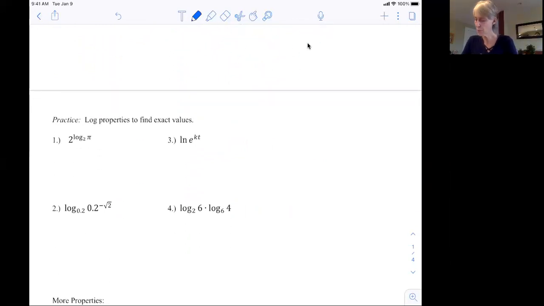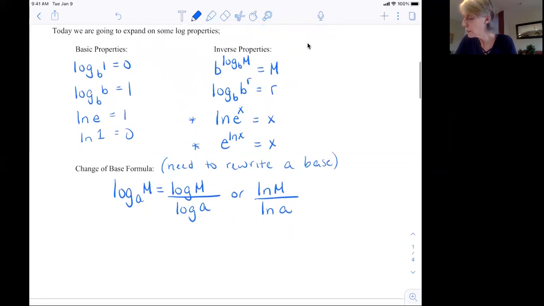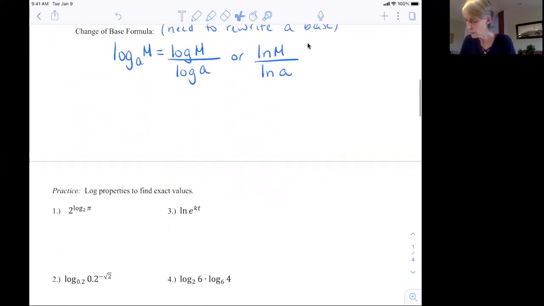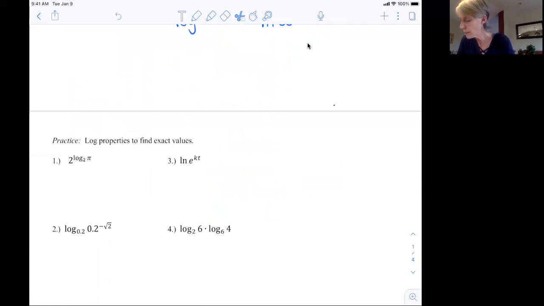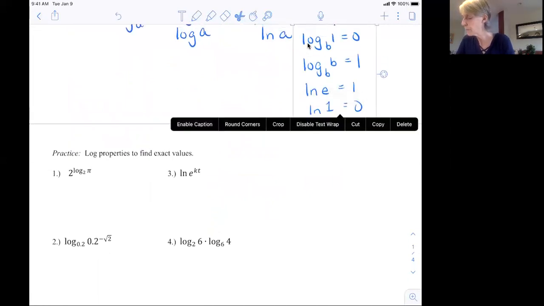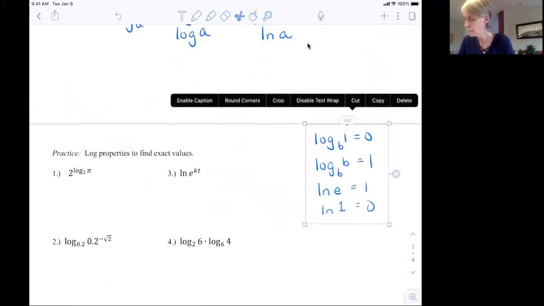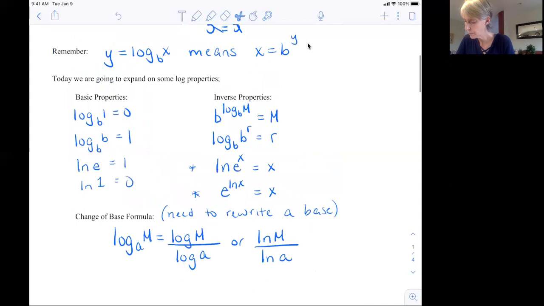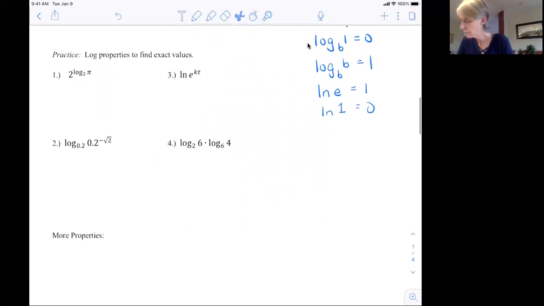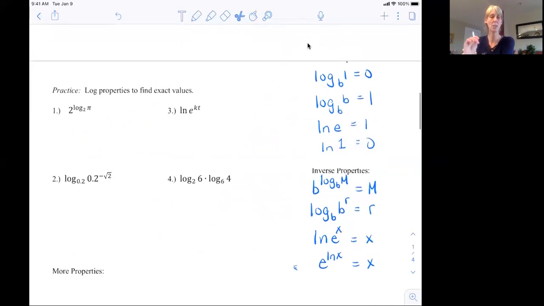First set of examples. I'm just going to bring my properties down so I could see them. Again, I'm just putting them down here so I can see them right next to me.